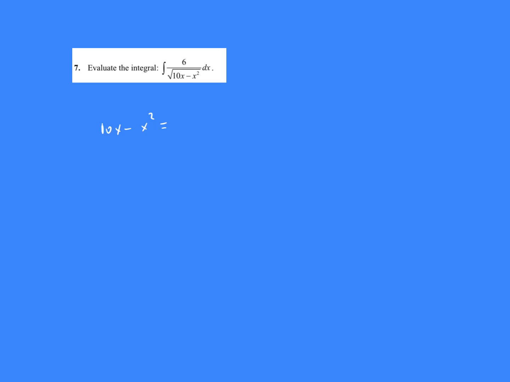So I will add 25 and subtract 25, and write the same thing. Now I can complete the square. It will be 25 minus 5 minus x, everything squared.